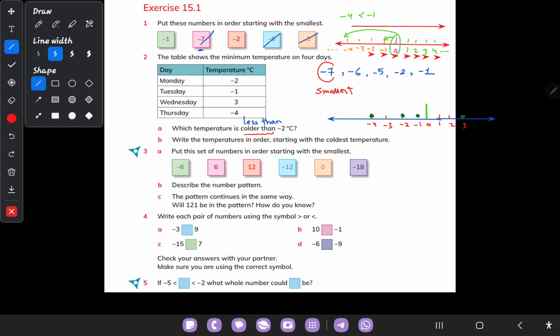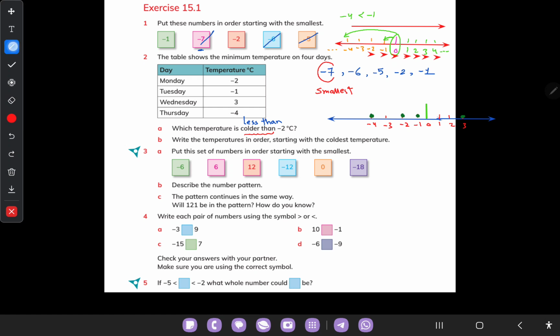Okay. So here, which temperature is colder than -2? Colder than -2 means less than -2. The numbers become smaller when we move to the left. The numbers decrease when we move in the left direction.